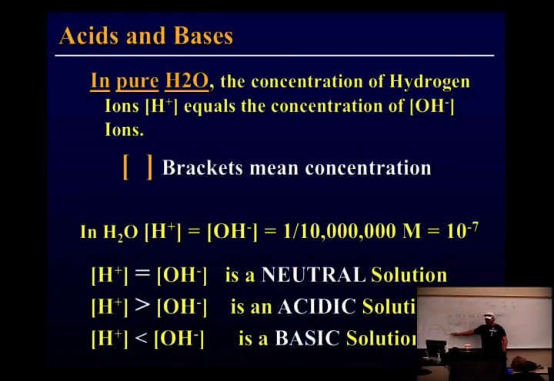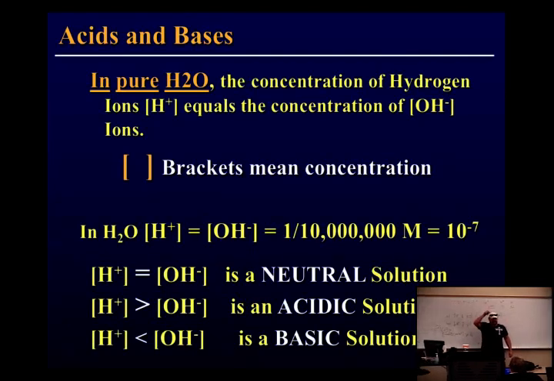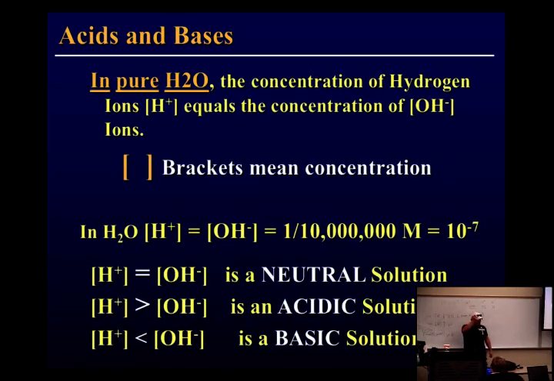Not that I'm saying 6 is bigger than 7, right? But 10 to the minus 6 is bigger than 10 to the minus 7. Right, so that's why the pH scale is all screwy, because it's negative exponents. So that when the number goes down, the amount is going up. Does that make sense? So that's why it's confusing.